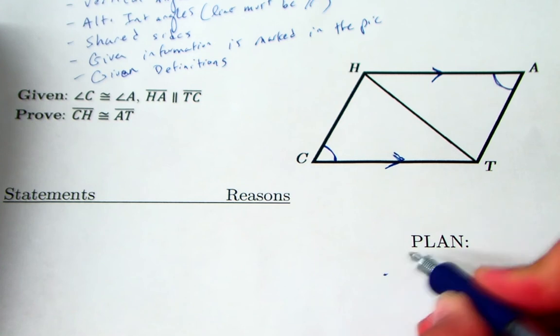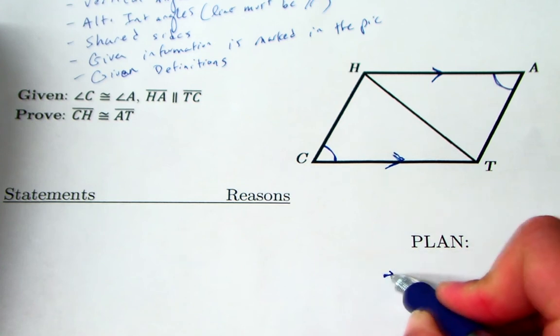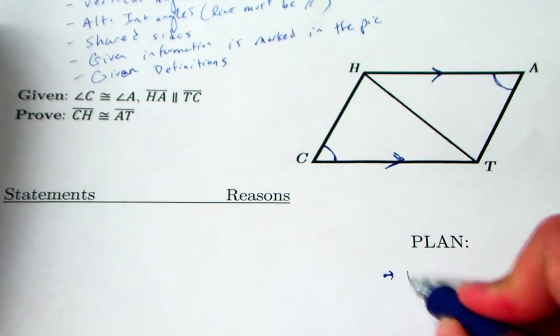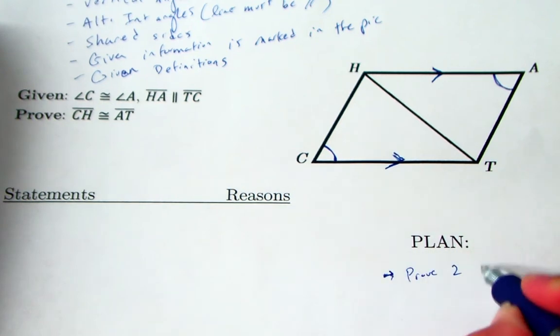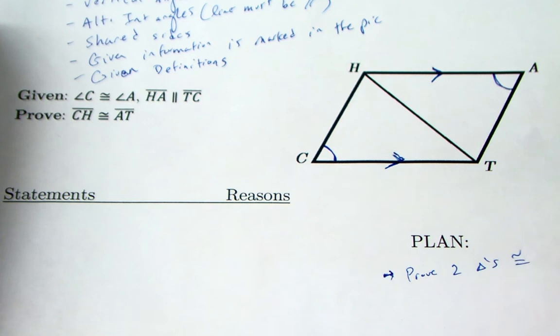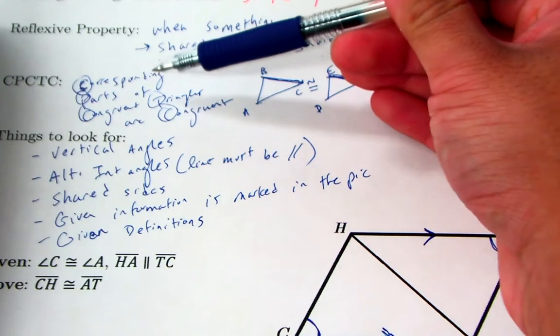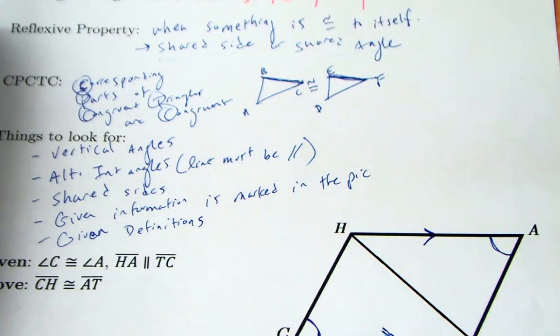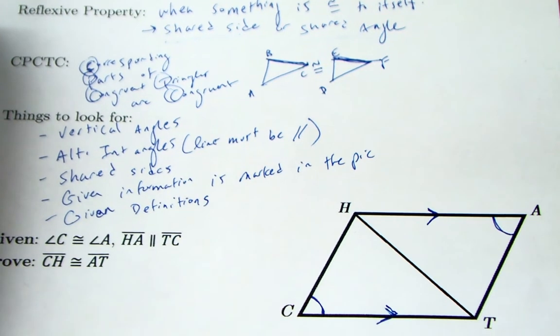Before we get there, our first goal is to prove two triangles congruent. Because if we can establish that two entire shapes are the same, we can then use this idea of CPCTC, that if the shapes are the same, then so are their parts. We can use that idea to actually prove what we want to prove, CH and AT.